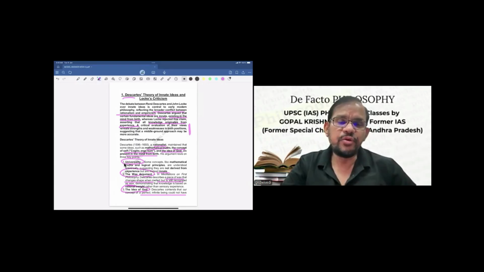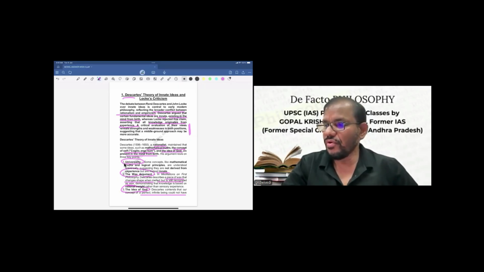Locke, Berkeley, and Hume represent empiricism. So both are diametrically opposite. Whatever theory Descartes has given, Locke has given severe criticism. Basically, they are both 180 degrees apart.